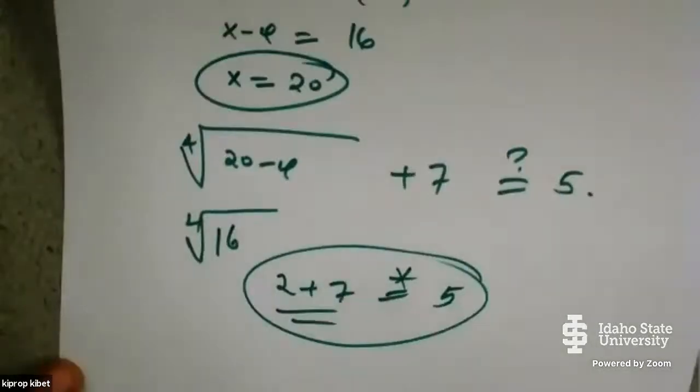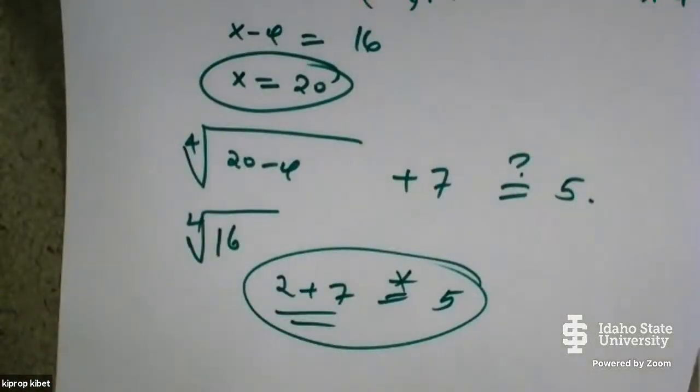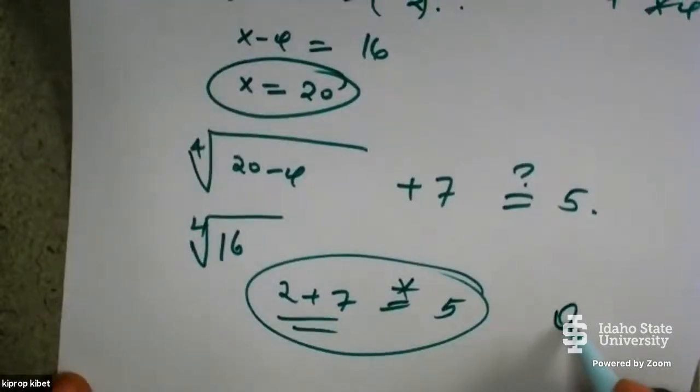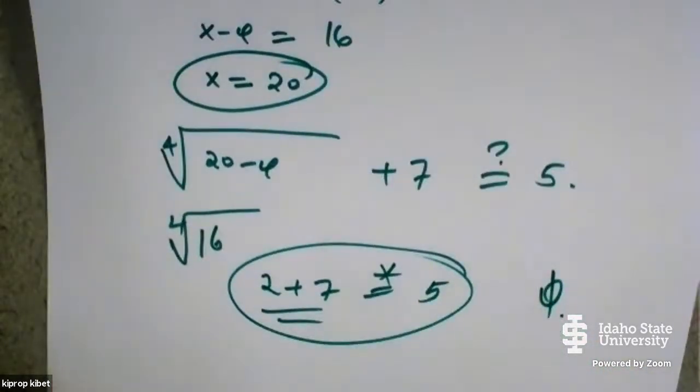You see how tricky it is? So if it is not equal to 5, in your answer you just put no solution, or empty. So you actually have to check it.